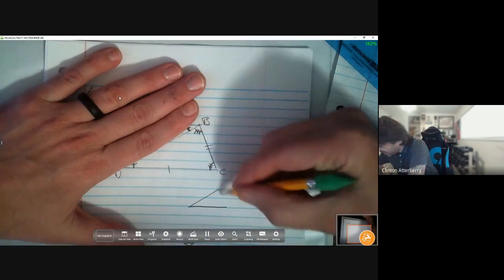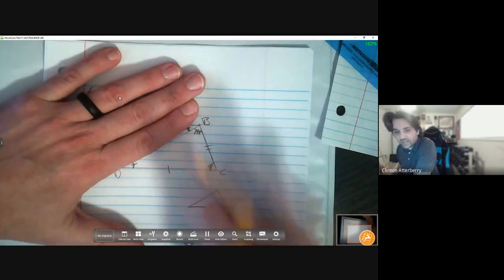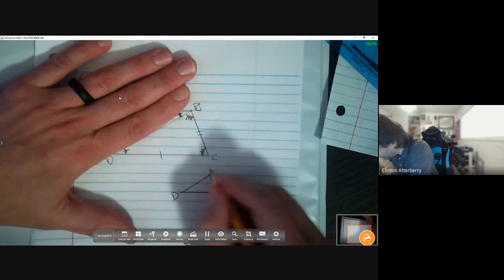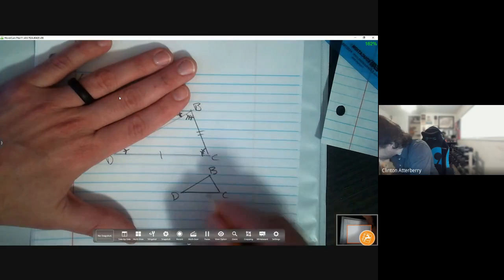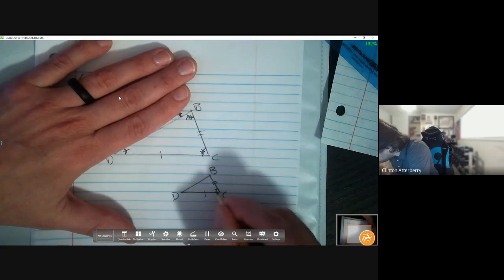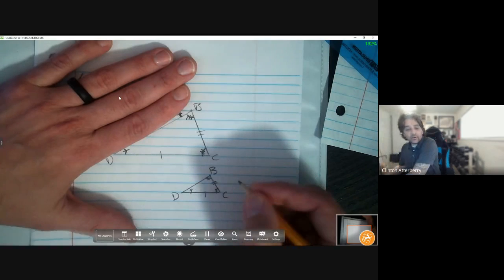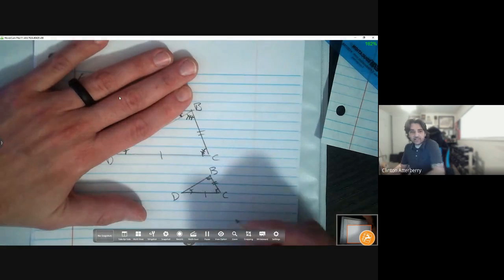Is it going to be the same size as this one? No, but I'm just going to draw it like a smaller version of it, and I'm going to label it the exact way that they have it here. Okay, so it's got it labeled like this.